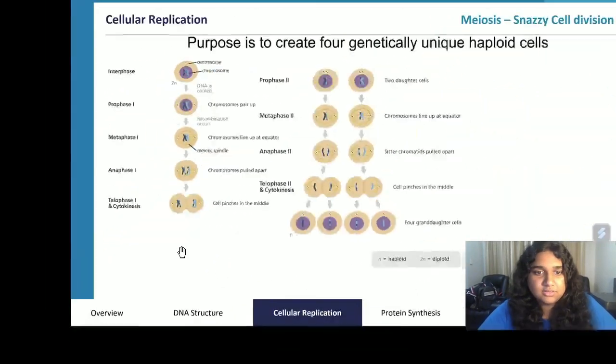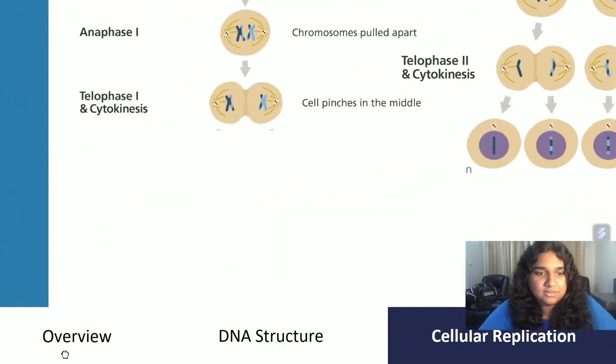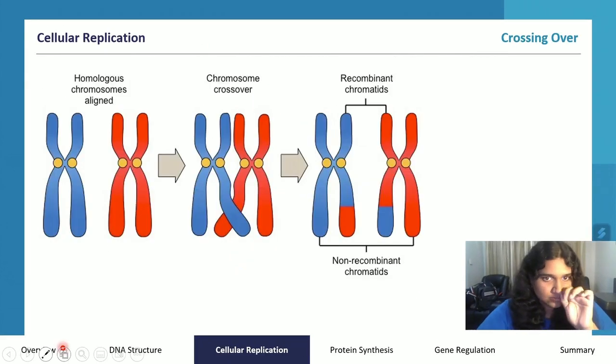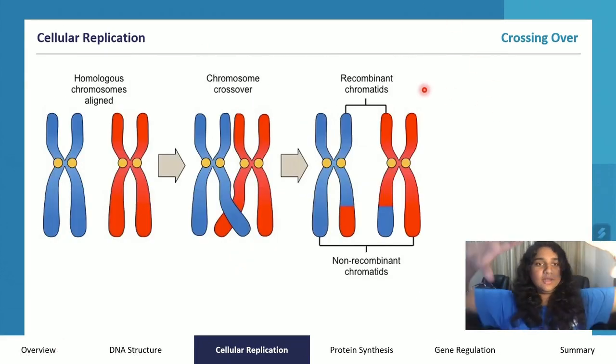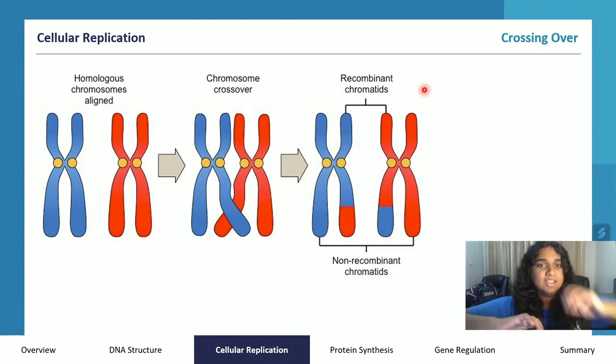crossing over. Crossing over is basically where homologous chromosomes, so these are identical chromosomes that have been replicated, one is from the father's side, one is from the mother's side, and their ends will start to overlap with each other and exchange sections of DNA.